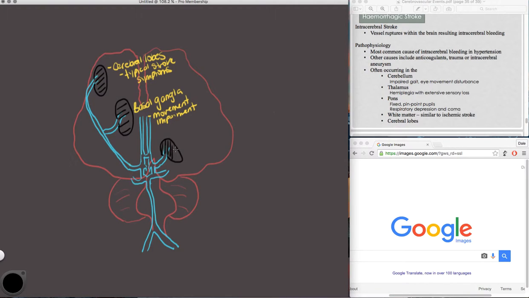If I have some sort of intracerebral hemorrhage within the thalamus, generally you're going to lose a lot of the special senses, or basic sensory function. So we often see a decrease in our special senses and a general impairment in sensation.